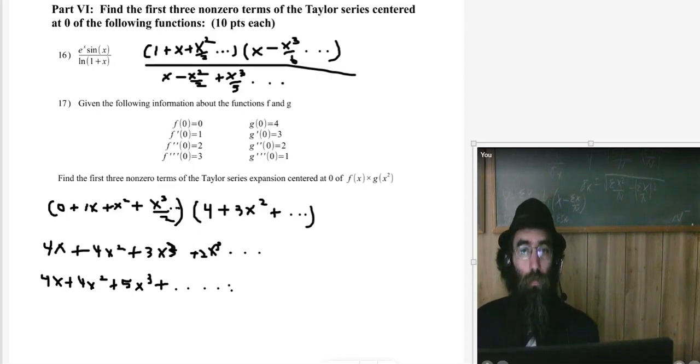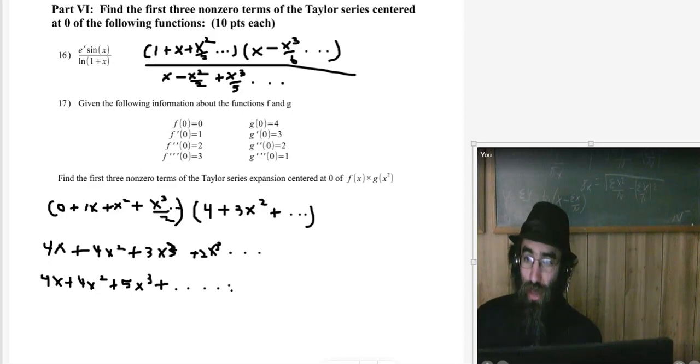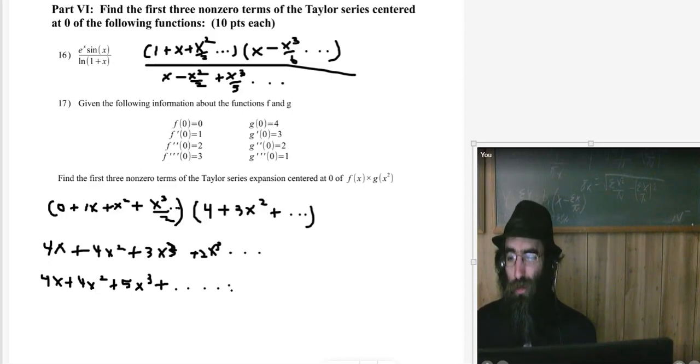Anyway, so that's the solution set to the exam. Again, the fake exam. The exam I would have given, which I'd have to make sure to correct some of these, but it took about an hour to explain.